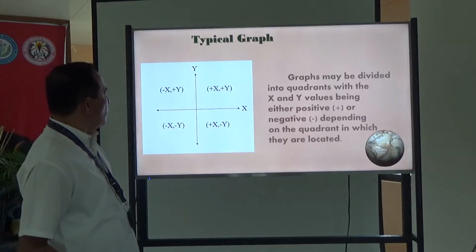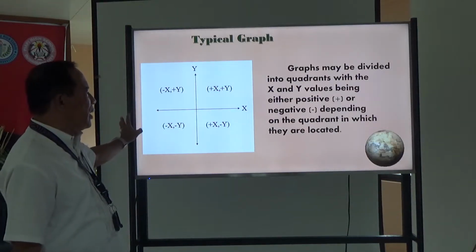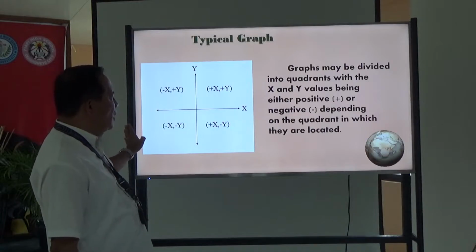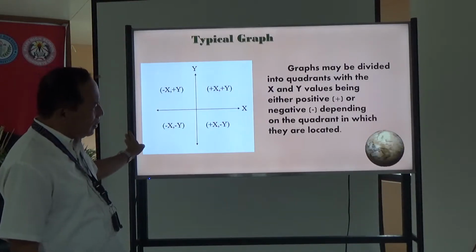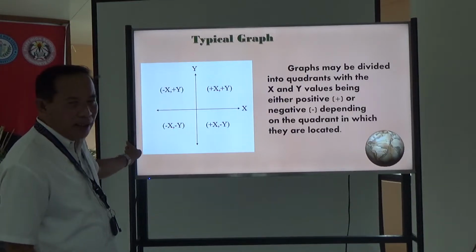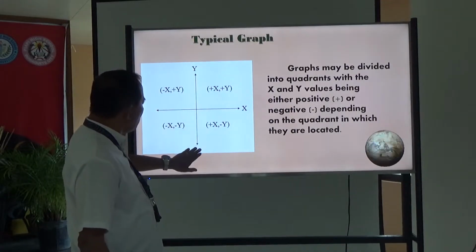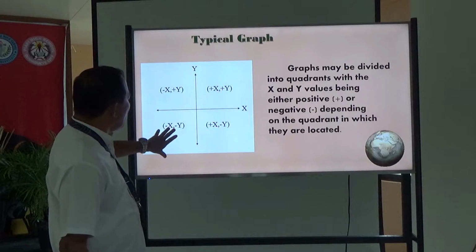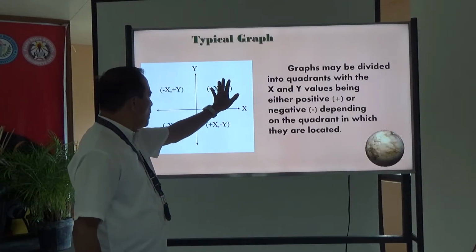Alright, please continue. The graph may be divided into quadrants, with the x and y values being either positive or negative depending on the quadrant in which they are located. Okay, for example, this is the first quadrant, this is the second quadrant, this is the third quadrant, and this is the fourth quadrant.